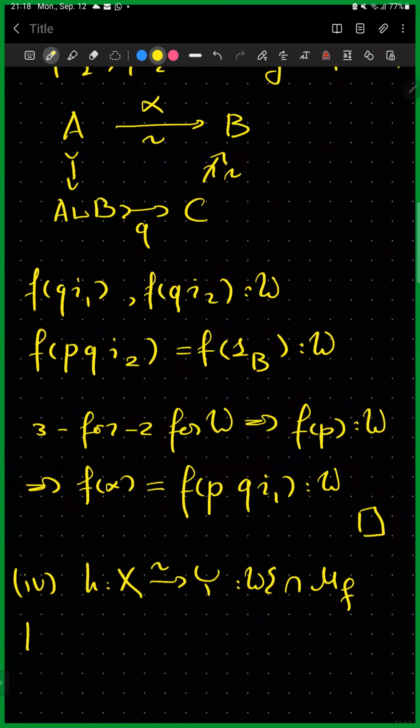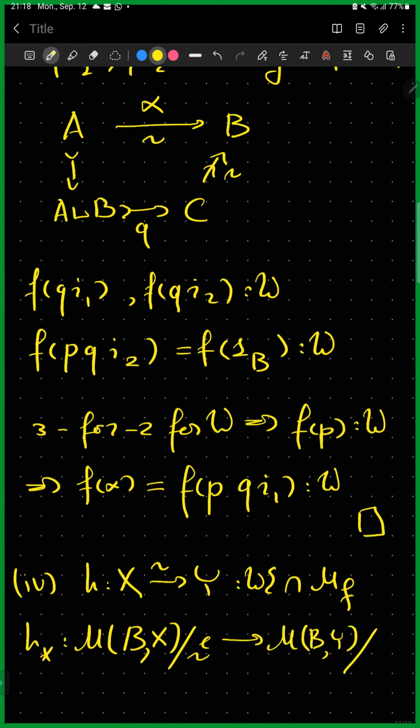So we're trying to prove that the induced map here is bijective. And to prove it, it is actually sufficient to prove it only for the case where H is a trivial fibration.